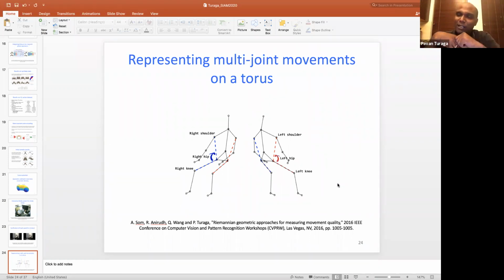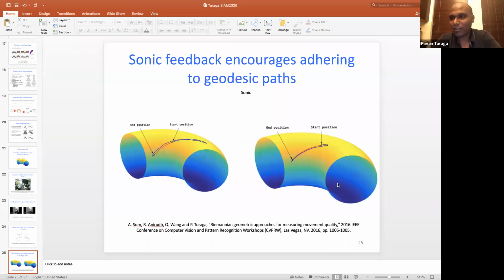You can think of multi-joint human movement as a trajectory on a product of tori. Each angle can become a part of a circle. So 2 joint movements can become points on a torus, and more joints can also be represented as multi-dimensional tori.